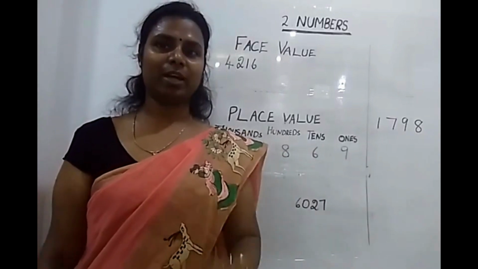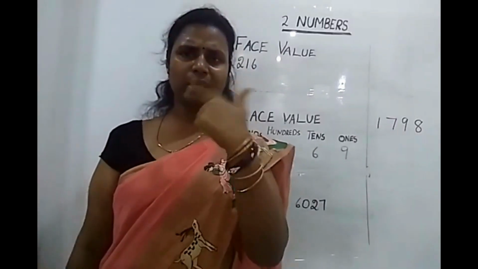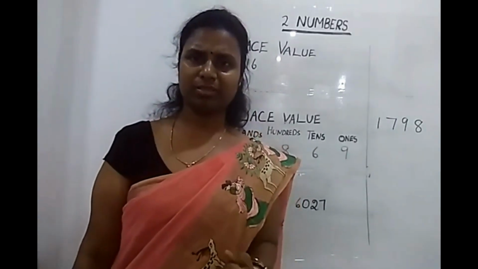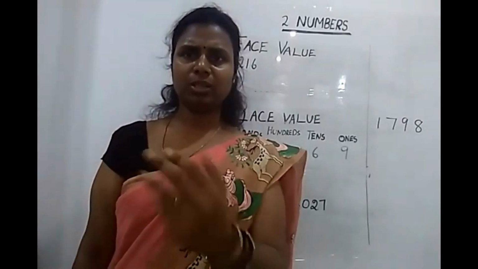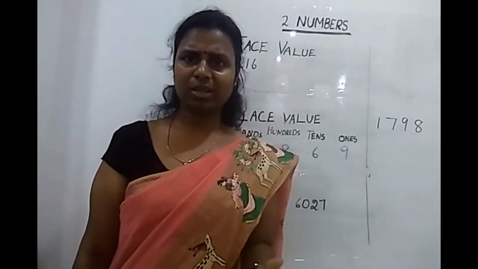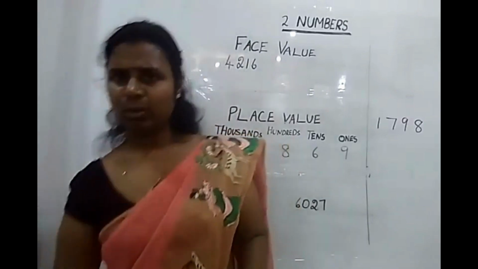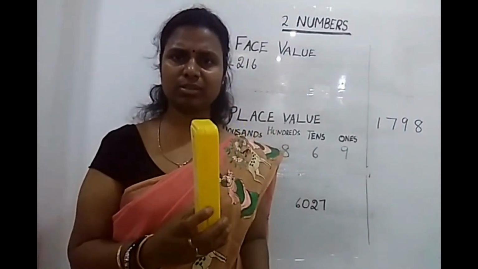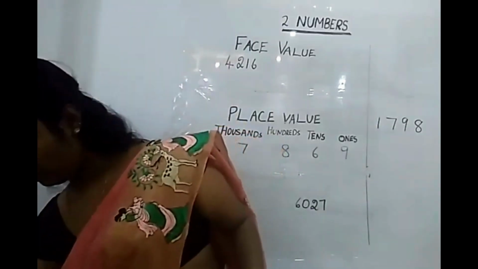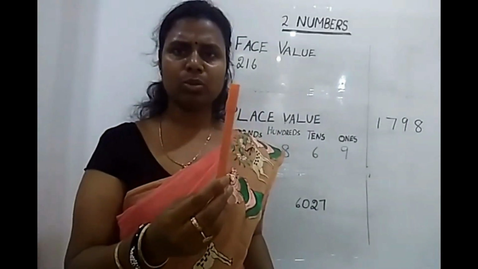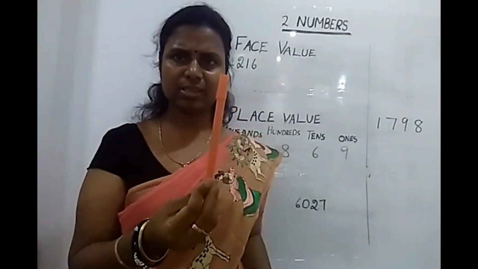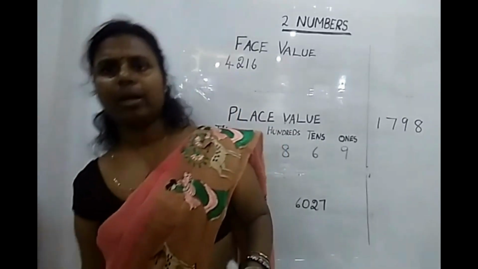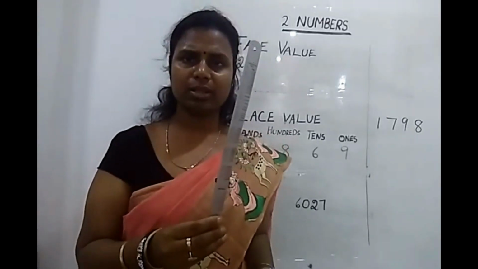What is face value? By looking at my face, what do you say? Oh, she is Preeti ma'am. Don't you recognize me? By looking at this, what do you say? Ma'am, this is a pencil box. By looking at this sketch pen, what do you say? This is a sketch pen. By looking at this, what do you say?